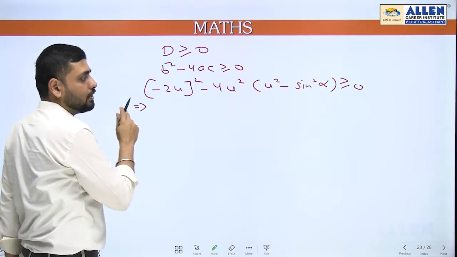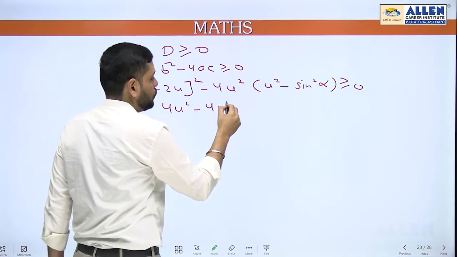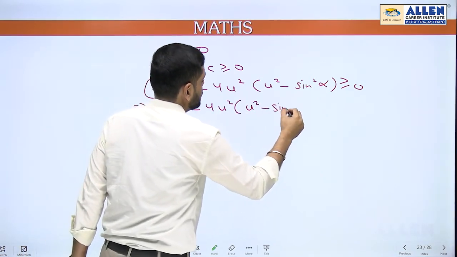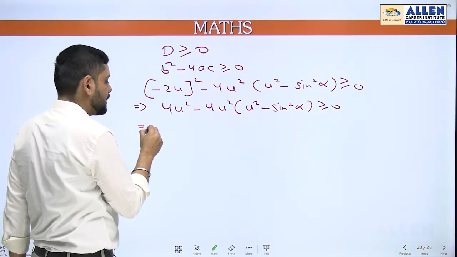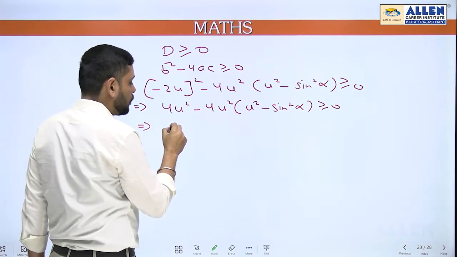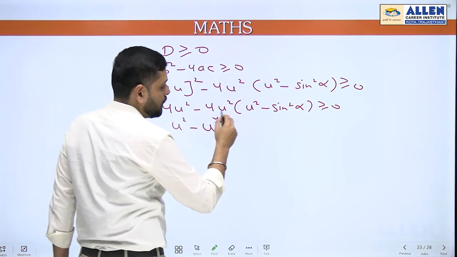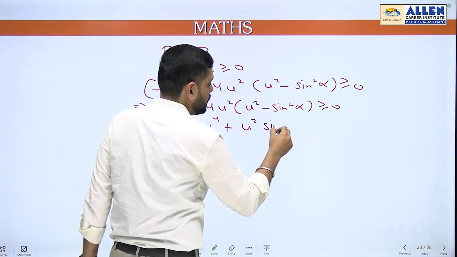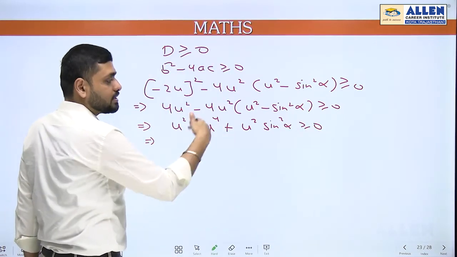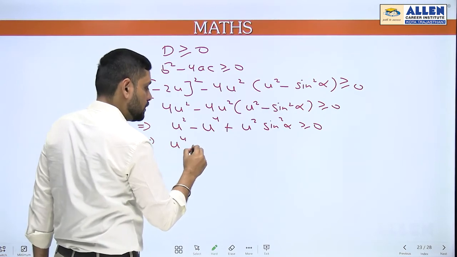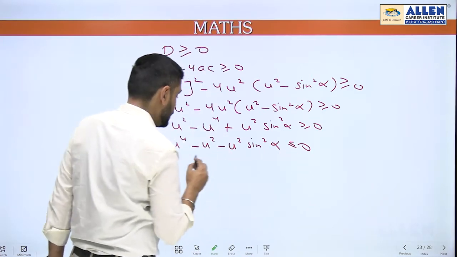Now if we simplify it, we'll open the bracket and do the squaring. What we'll get is 4u square minus 4u square into u square minus sin square alpha greater than equal to 0. We'll take 4 common and divide it. So now what we'll get is u square minus u to the power 4 plus u square sin square alpha greater than equal to 0, and if we take all terms to the other side, we will get u to the power 4 minus u square minus u square sin square alpha less than equal to 0.